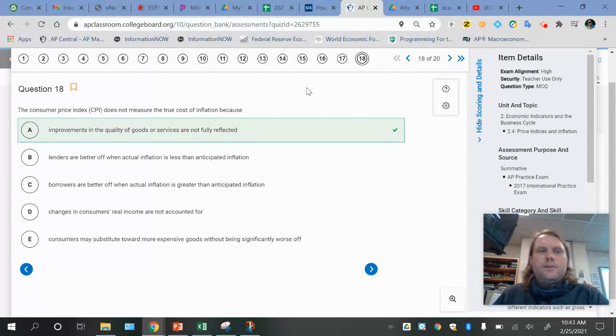Remember, the consumer price index really doesn't have anything to do with interest rates. That's not how interest rates are figured. We do use that substitute word down here, so we have to be careful when we say we can substitute more expensive goods without being worse off.